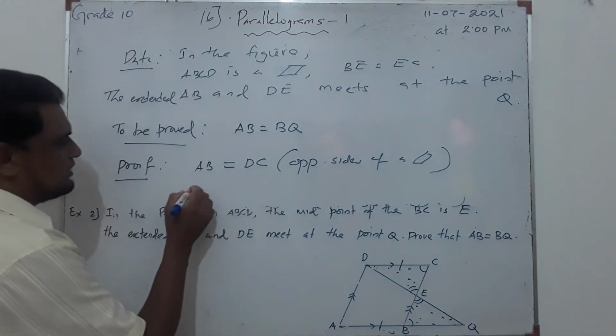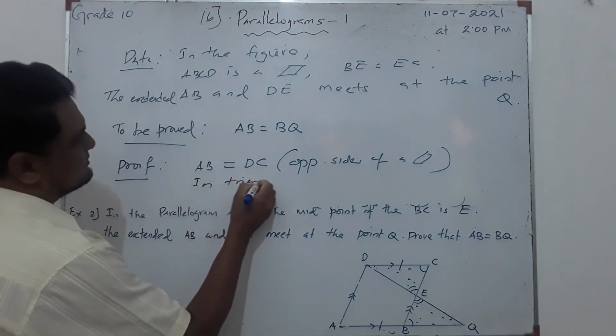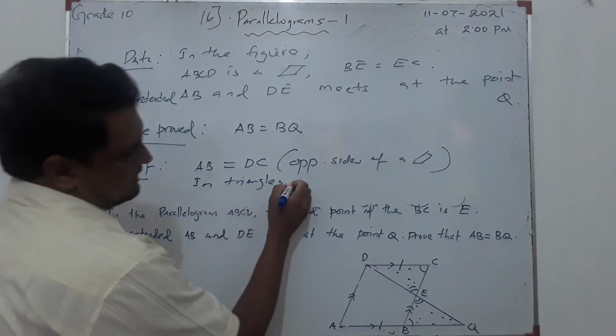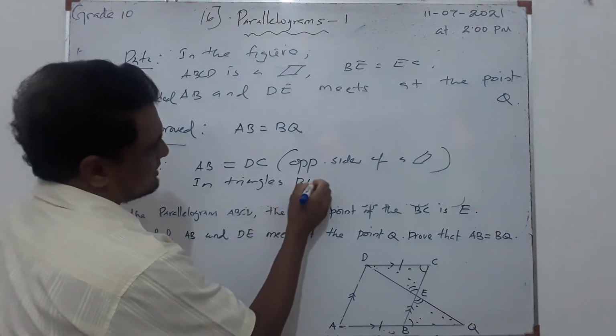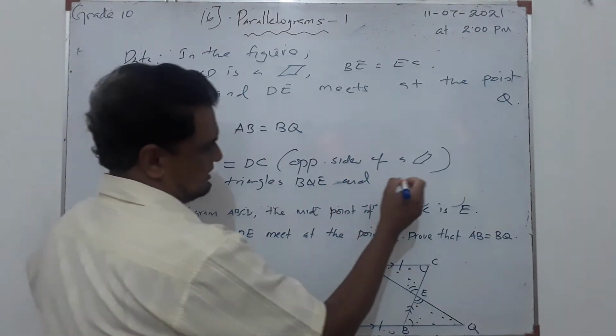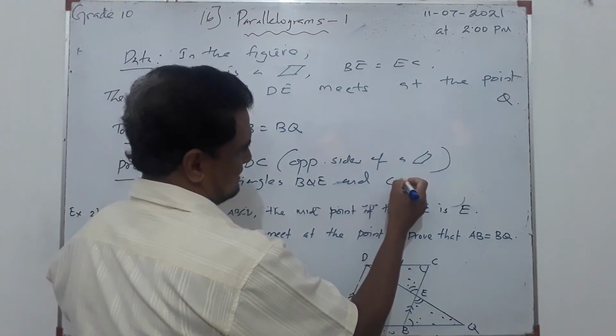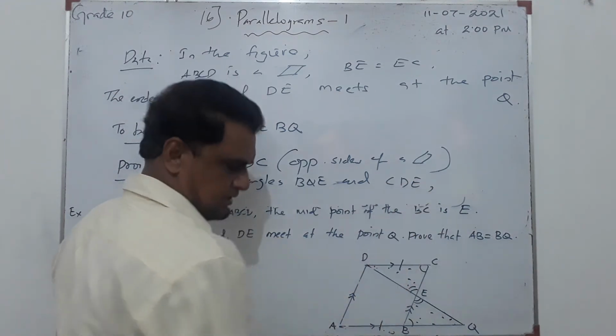So one by one, in triangles BQE and CDE, right?